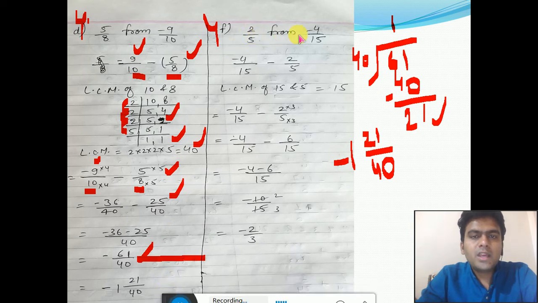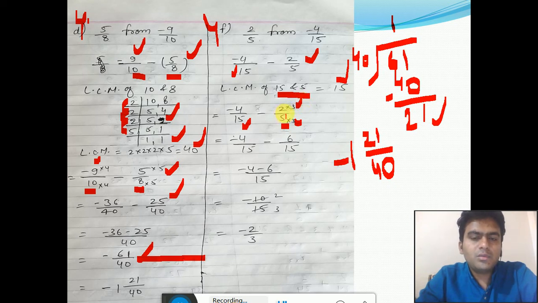Next, 2 upon 5 from minus 4 upon 15. So minus 4 upon 15 minus 2 upon 5. The LCM of 5 and 15, as I told you, if one number is a multiple of another number, then the LCM is the bigger number, so the LCM is 15. Here this denominator is already 15. For the second number, the denominator is 5, so we multiply by 3, the denominator as well as the numerator.